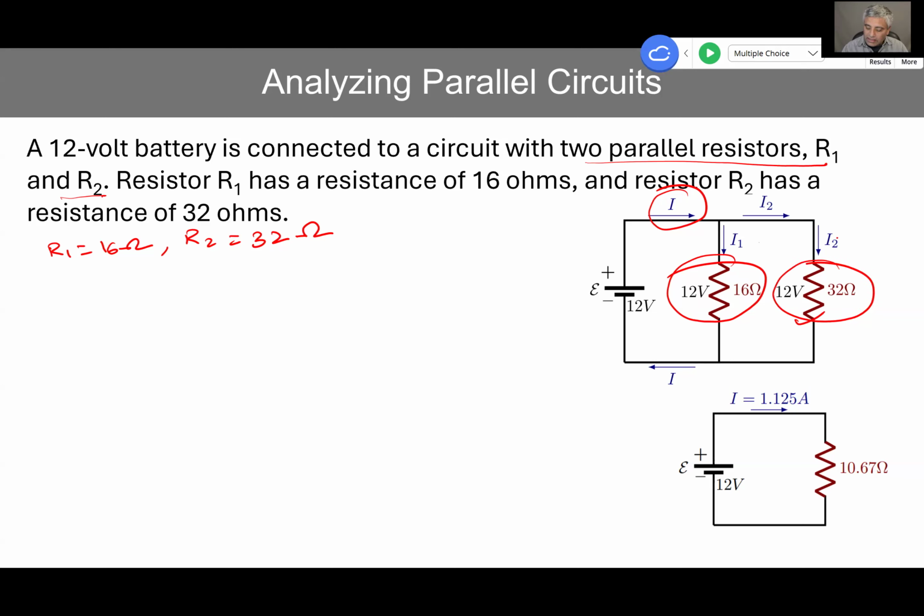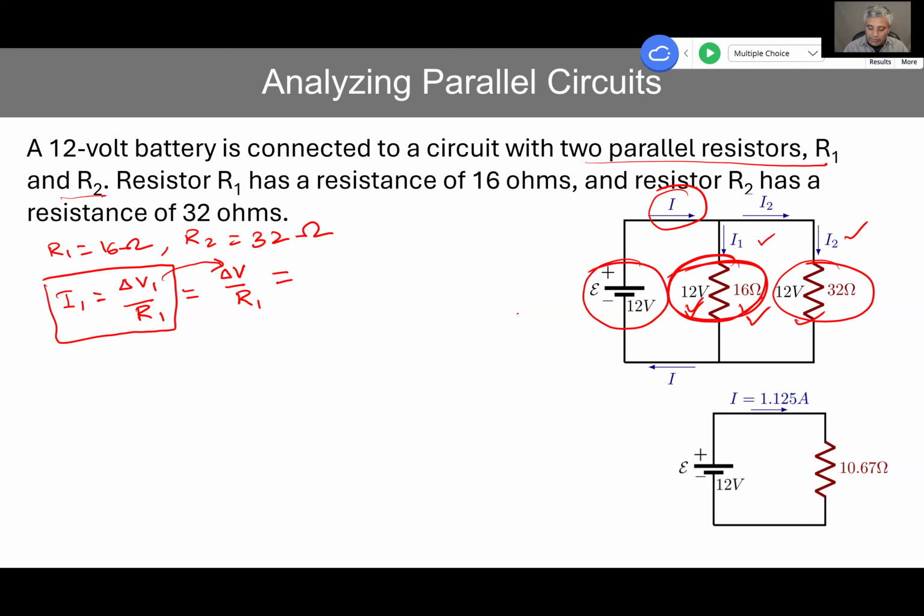So in this case, we can easily find what I1 and I2 are. Okay, so let's do that. Since we know the voltage right here and the resistance right there, we should be able to tell I1 is delta V1 over R1, and delta V1 is the same as delta V, right? This comes from the formula, and since this is a parallel combination, delta V1 is the same as delta V or EMF.